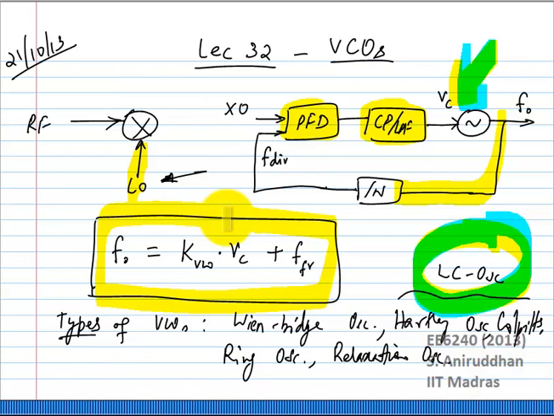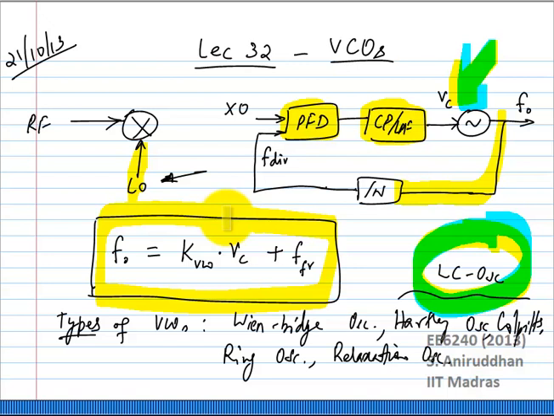What does this tell you? Depending on the values of KVCO and VC, the range of VC, there is a certain F max and F min that you can achieve with any oscillator. Correct? There is a certain maximum frequency and minimum frequency that you can achieve with any oscillator.